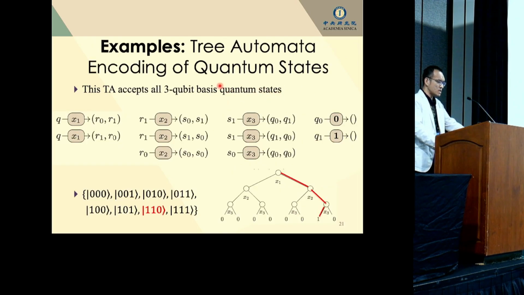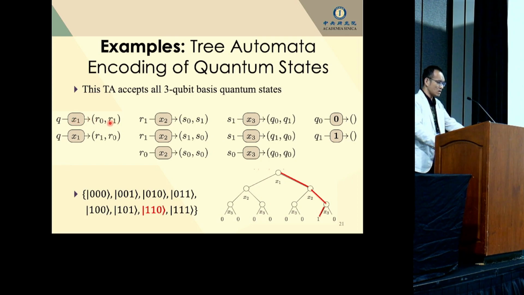A more interesting example is I can use non-determinism to encode multiple states. In this case, I have encoded all 3-qubit basis states. Basis state means I have only one branch which has probability 1, and all the other branches have no probability. So this is the tree for 110: it has probability 1, and all the other branches have no probability. How do I encode this in tree automata? I just start from the initial state and make a non-deterministic choice.